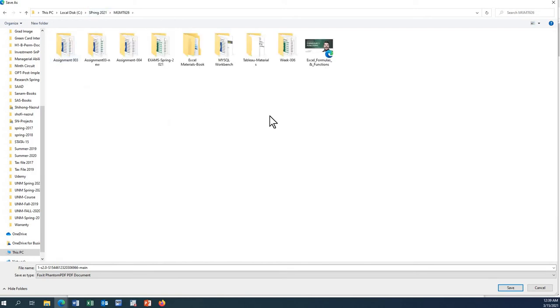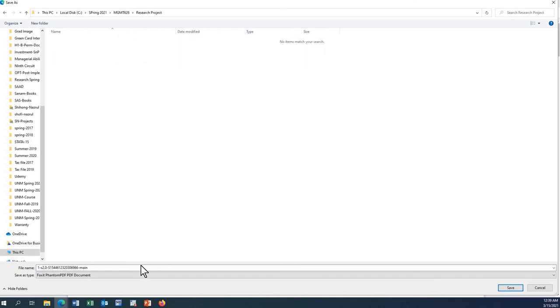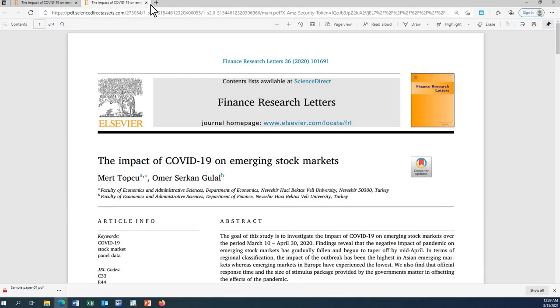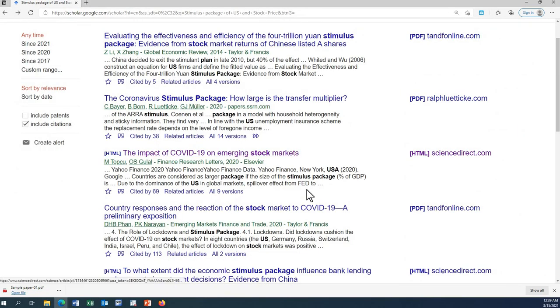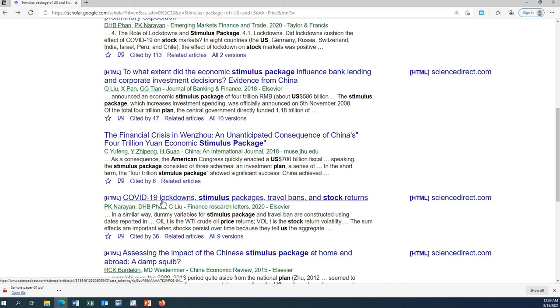And here it is. So I am making a research project. Okay, so sample paper 1. Then let me see some other papers. Okay, COVID-19 lockdowns, stimulus packages, travel bans, and stock returns. See that this is another one.